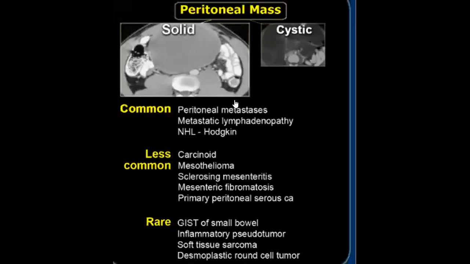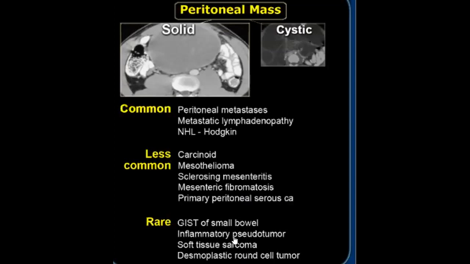The very common, as we mentioned, metastasis, lymphoma, or lymphadenopathy. After that, you will go to mention carcinoid, mesothelioma, sclerosing mesenteritis, fibromatosis, and you can, if it is single, think about desmoid, and primary peritoneal carcinomatosis.